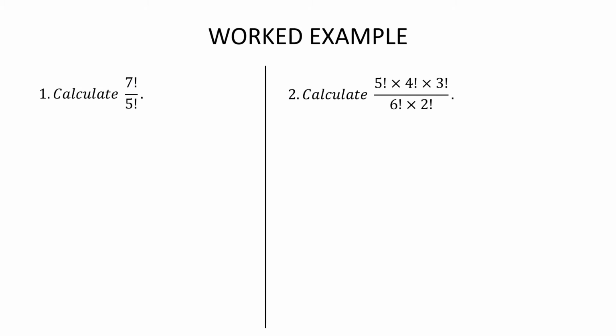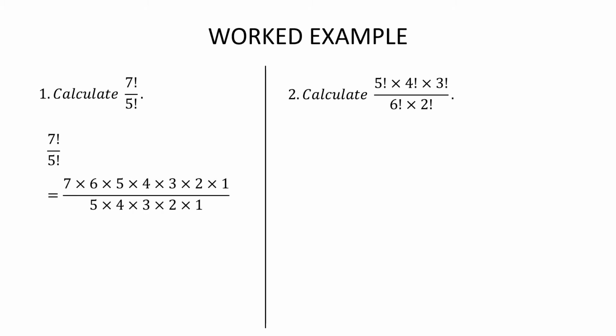Now we look at some worked examples. How to calculate 7 factorial divided by 5 factorial. 7 factorial over 5 factorial is like this. We open the factorial, it becomes like this. And 5 factorial becomes like this.